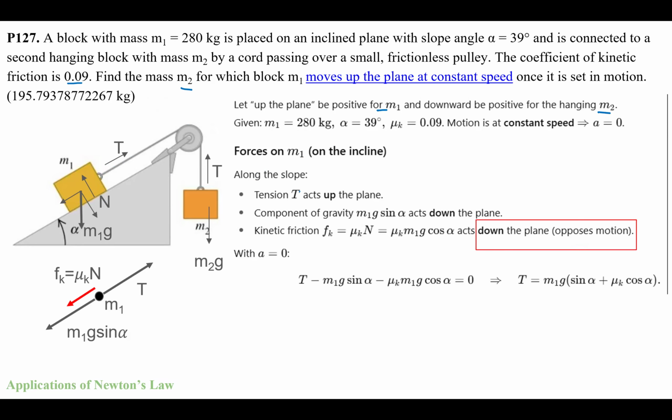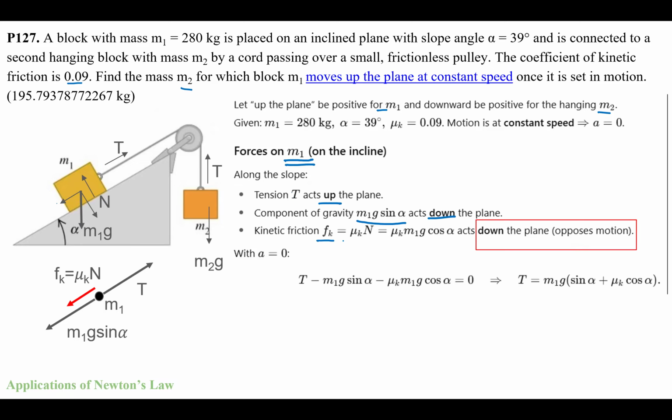For M1, along the slope, the tension acts up the plane. And the component of gravitation, M1 g sine alpha, is downward.